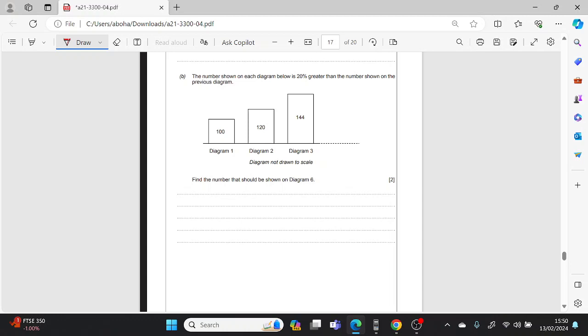Okay, so the number shown on each diagram is 20% greater than the number shown on the previous diagram. So 20% of 100 is 20. Added to 100 becomes 120. 20% of 120 is 24. Added back to 120 is 144.